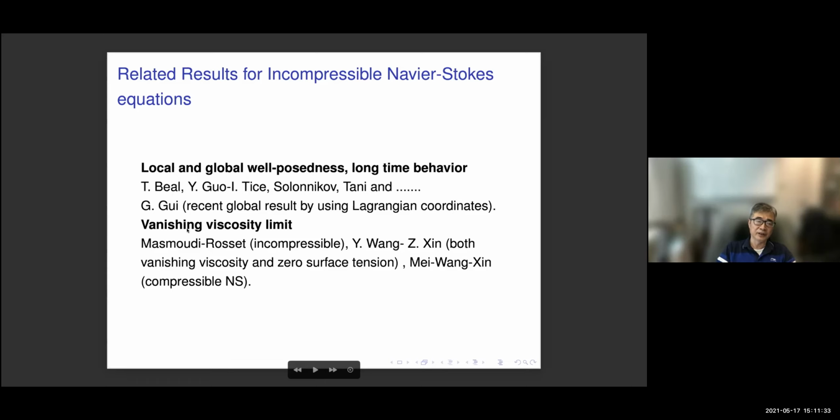Then in that case, there is a vanishing viscosity limit. For example, for the incompressible Navier-Stokes, it was done by Masmoudi and Rousset, and also by Yanjin and Zhouping on the case when both viscosity and the surface tension tend to 0 at the same time for the incompressible, and also by Zhouping and other people on the compressible Navier-Stokes.